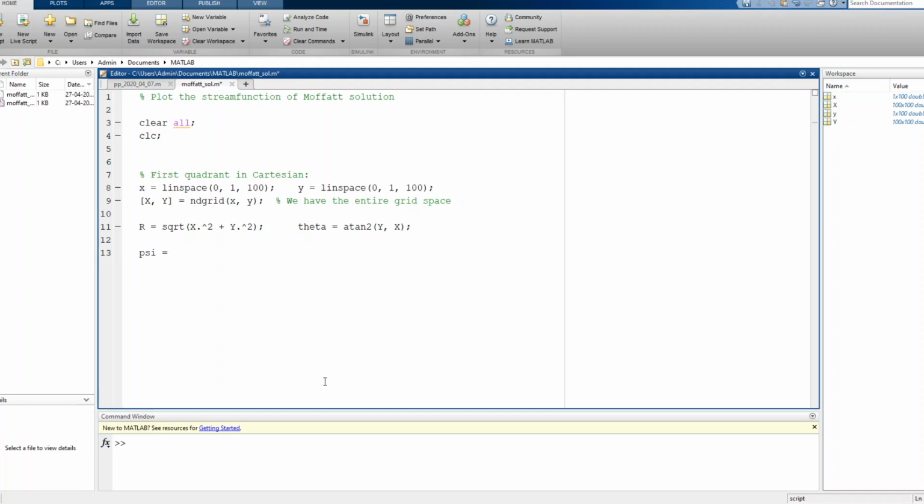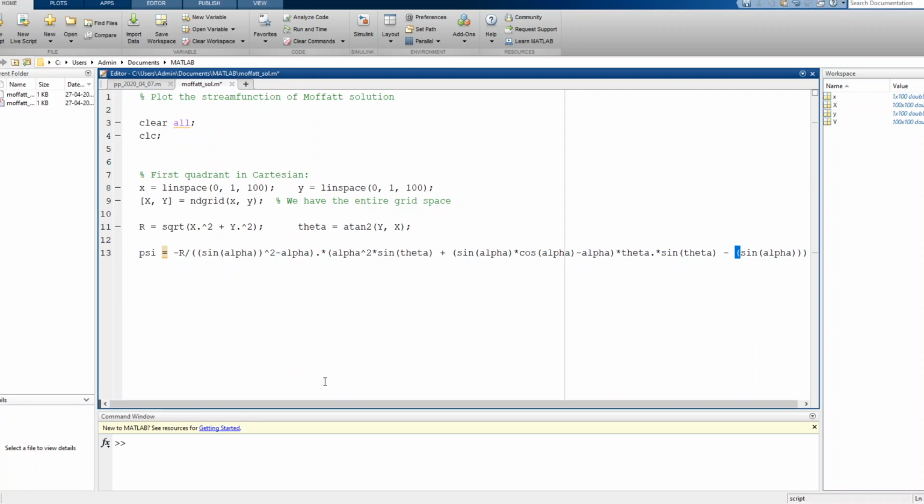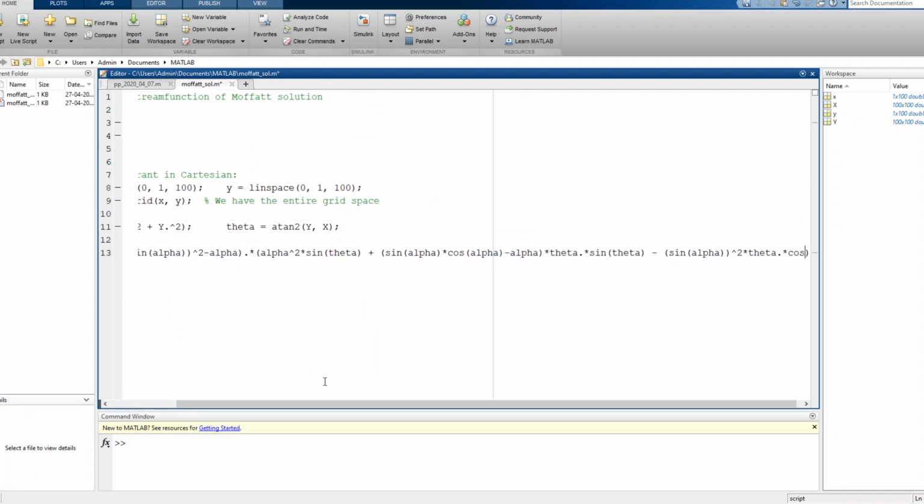Let us define the solution. So psi is minus, so let's assume that U is 1, so it will be minus r divided by sine alpha square minus alpha square, dot star, because we have element wise multiplication, alpha square times sine theta plus sine alpha times cos alpha minus alpha times theta dot star sine theta minus sine alpha square times theta dot star cos of theta.